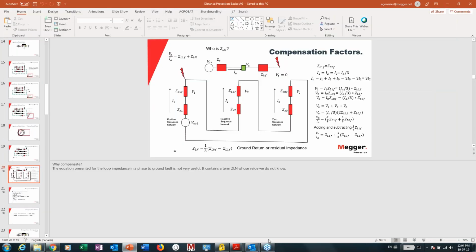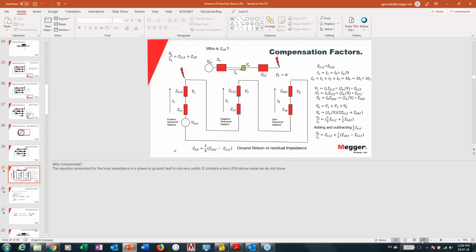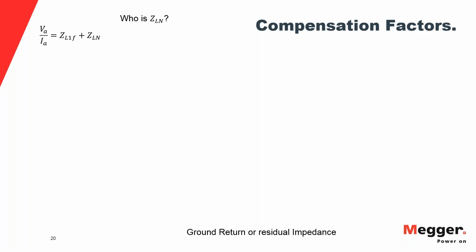All right, thank you. Our next question, what is the name of the software which is available on the website? The name of the software on the website is called PowerDB. There are two versions of PowerDB.